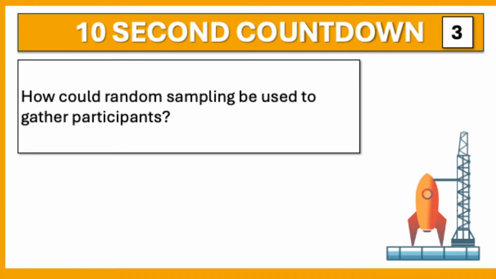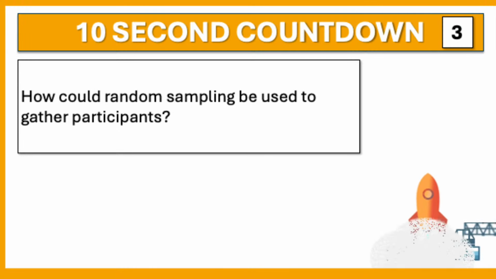Okay, so if we look at the next question, how could random sampling be used to gather participants? It's different. How can you do a random sample? Yep, you can use a random number generator.